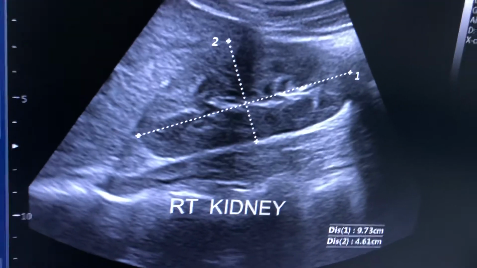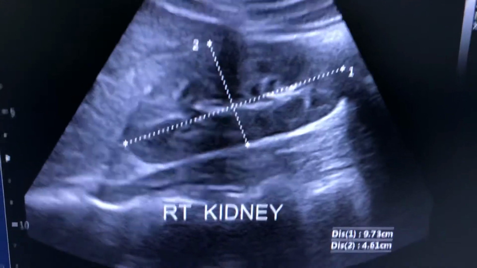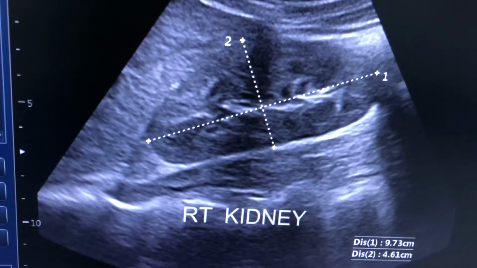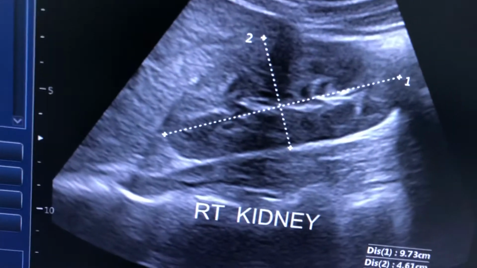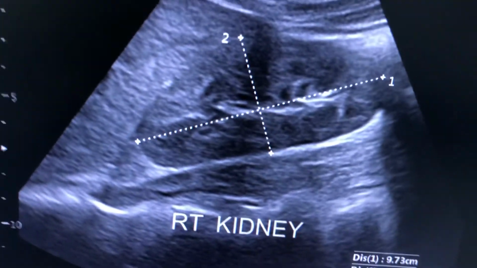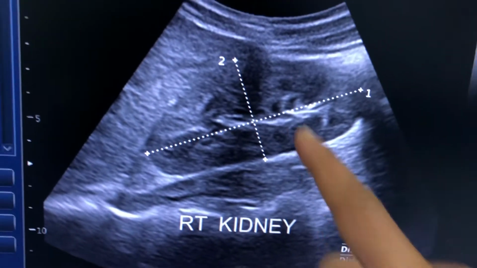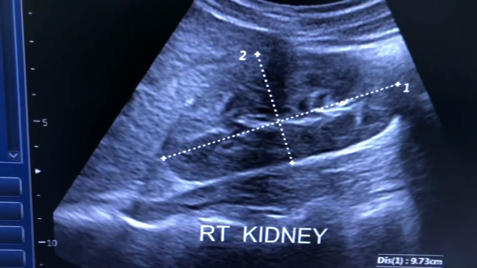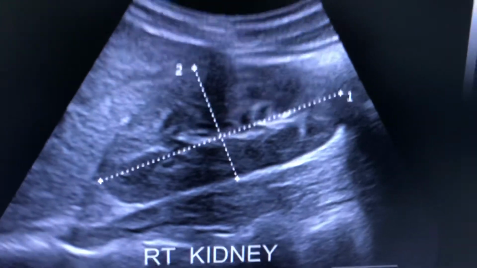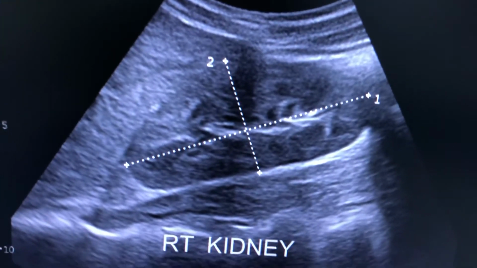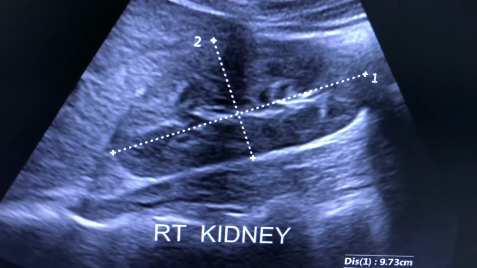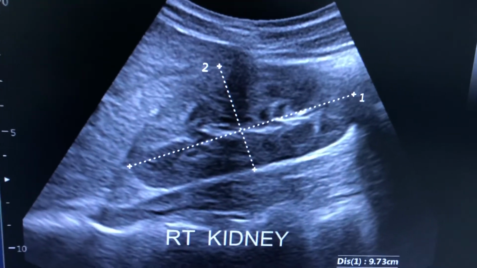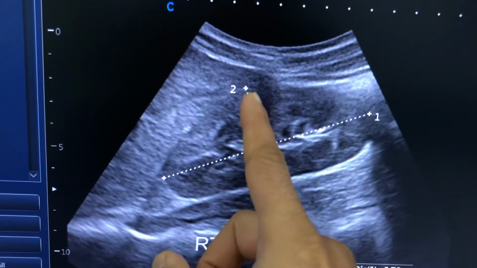And the second thing that we are supposed to observe, especially when there are early changes of pyelonephritis, is that the contour of the kidney becomes a little bit altered. The type of alteration we see in early changes of acute pyelonephritis is that the kidney becomes swollen, and second, it becomes globular.